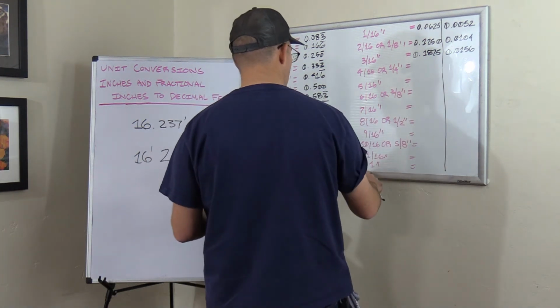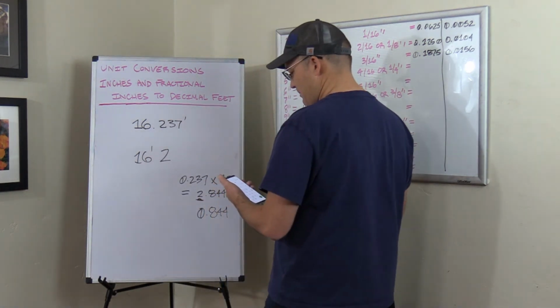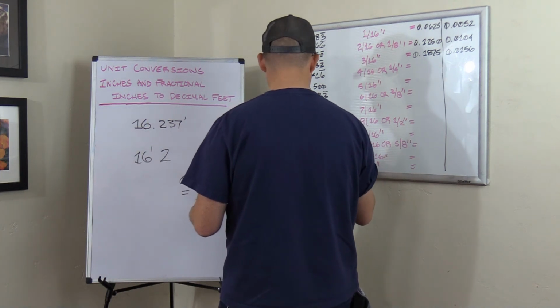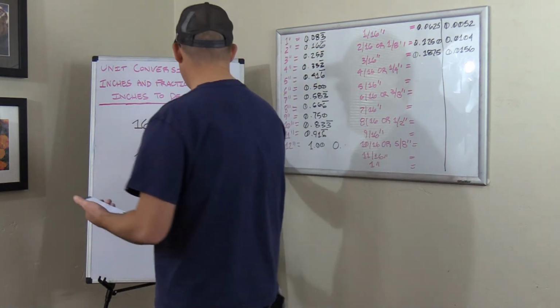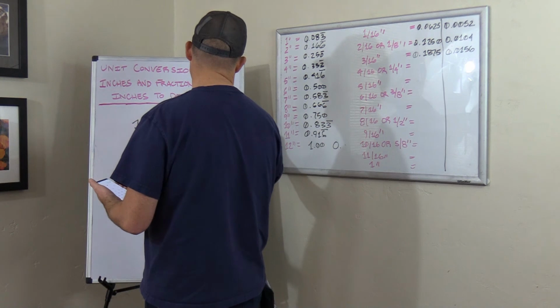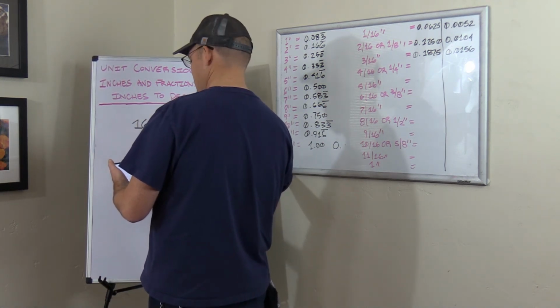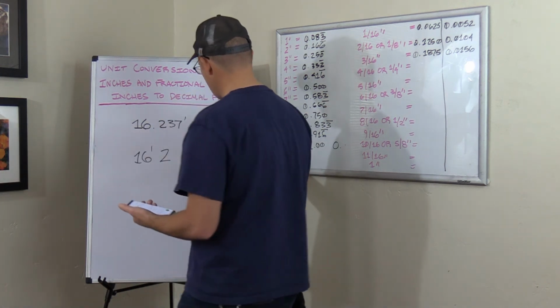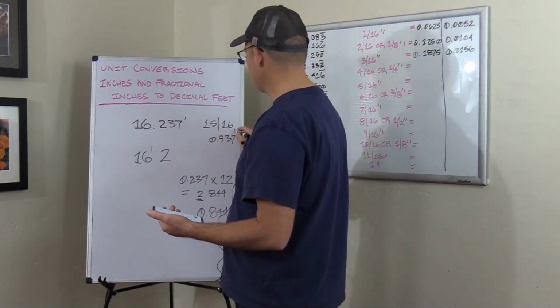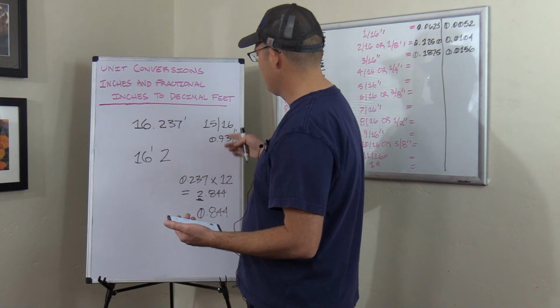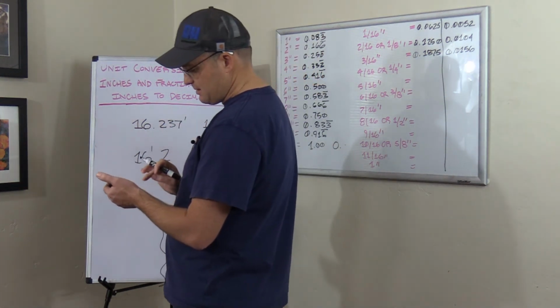I didn't make my table long enough, sorry. So 15/16 is 0.9375 inches. So I'm smaller than that. So let's go to 14/16 and see what that is.